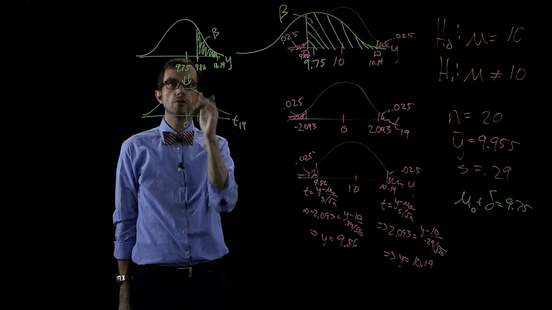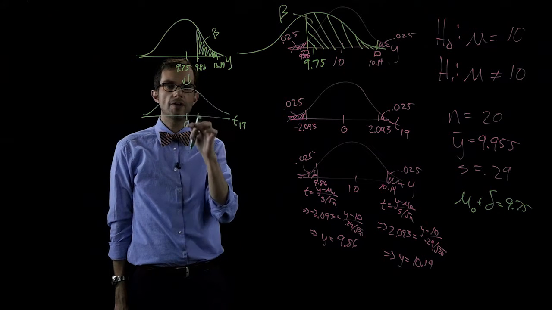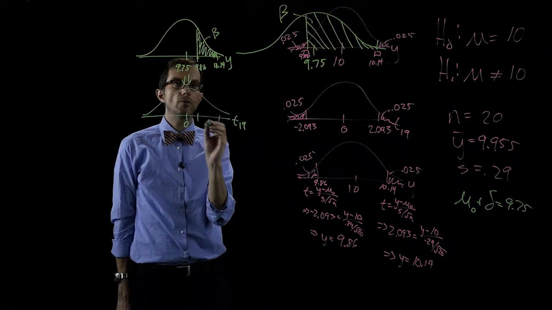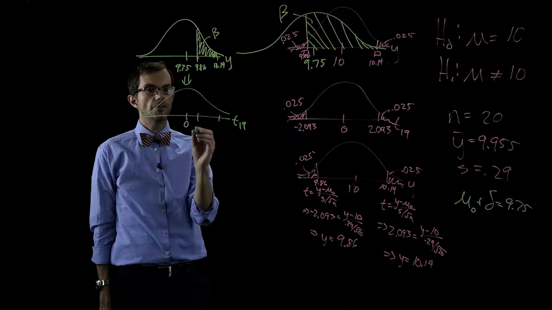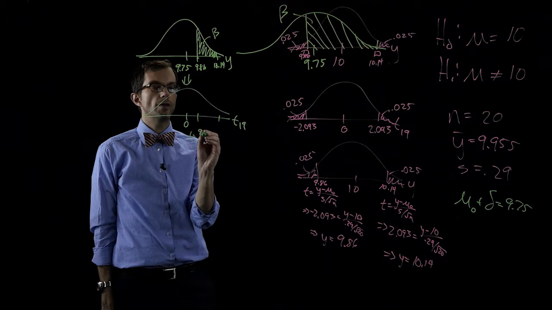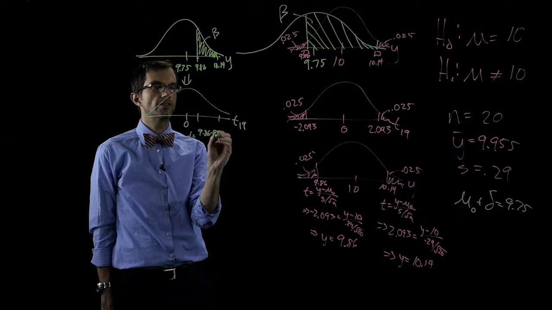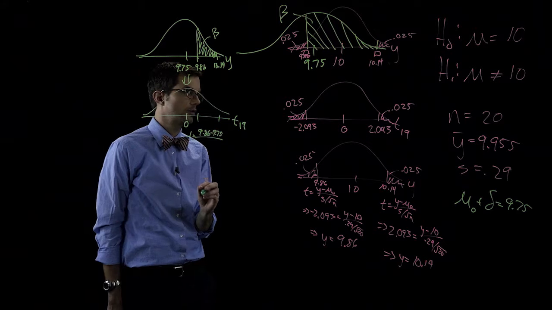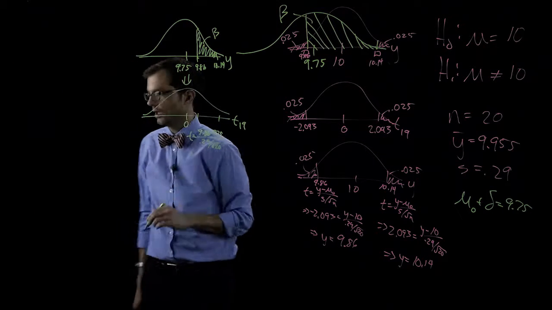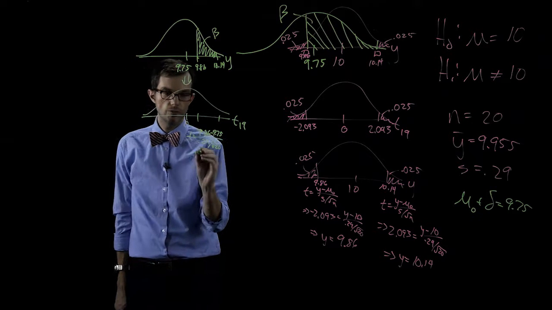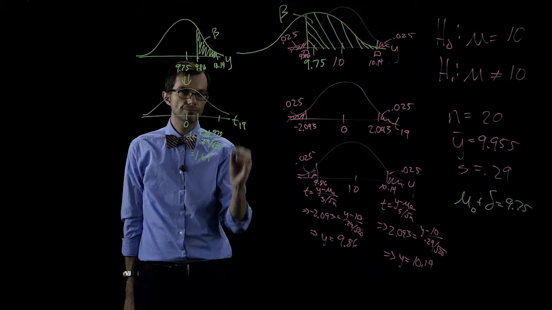So here's 0, translating 9.75 down, that's 0. And we have to find these two values on this axis down here. This value of t would be 9.86 minus 9.75 divided by s, 0.29 over root 20. As it turns out, that value is 1.69.